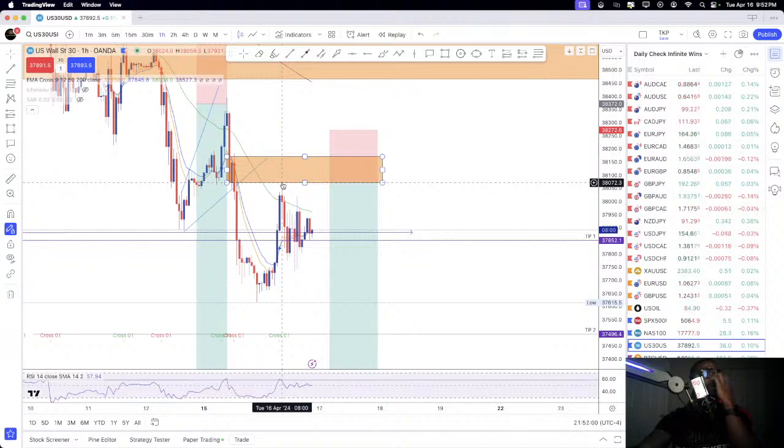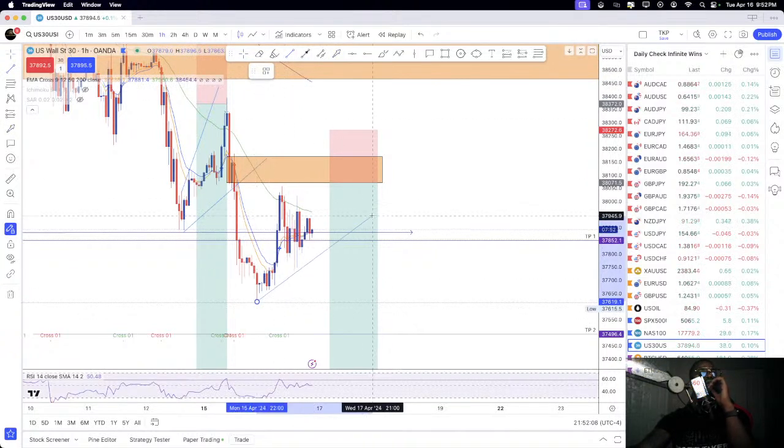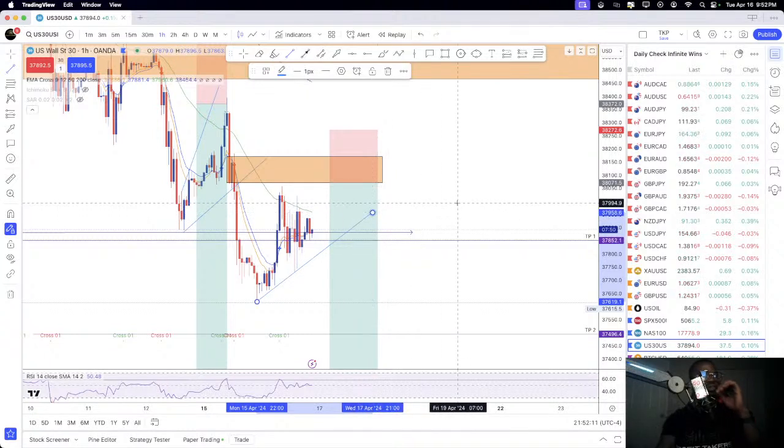So, with price creating all of this upward momentum underneath this zone, I am going to remove that trade setup.